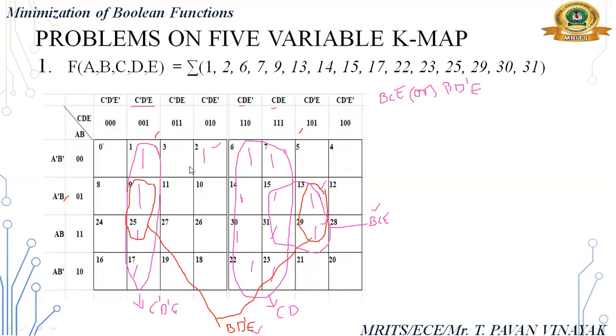Next, a single one is available, but that single one can be taken as a pair with the 6 because these two are reflections. So you can take this one as a pair. From this pair, what is the common term? Variables A bar B bar.